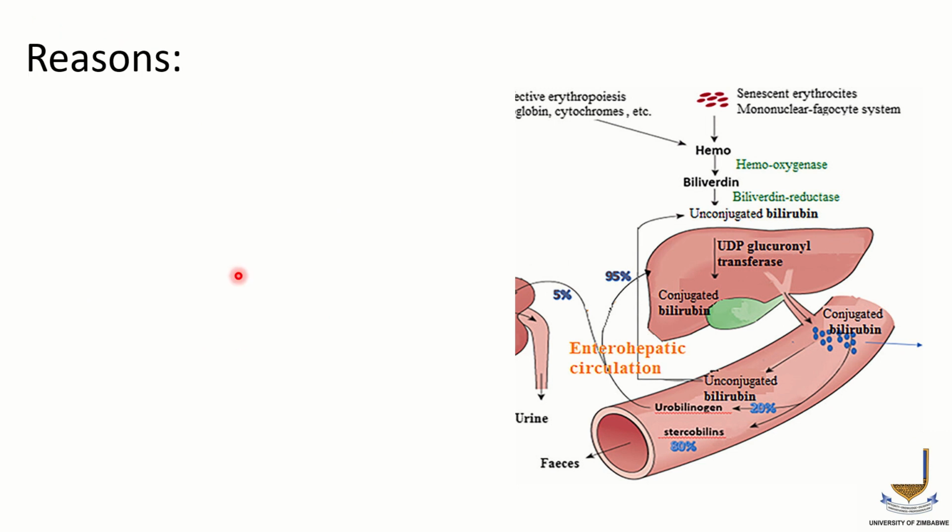So the reasons for the high levels of bilirubin: we see excess production of bilirubin, for example, when one has hemolytic anemia, where red blood cells start bursting, or they are broken down in high quantities by the spleen.